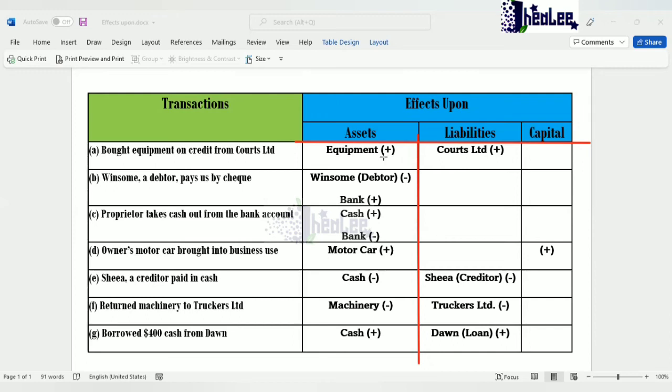So here we go. This is one where we're seeing that assets, the asset equipment and the liability, which is Quartz Limited, were affected. Asset is on the left, liability is on the right. But we're seeing where both items increase.